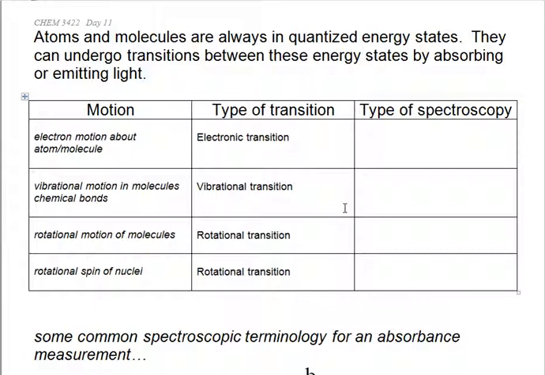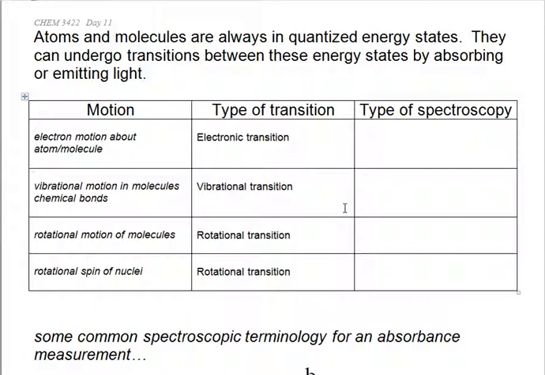So we have a table to fill out here. Atoms and molecules are always in quantized energy states. They can undergo transitions between these energy states by absorbing or emitting light. So we have different types of motion and their types of transitions. You have electron motion about the atom or molecule, right? That's orbitals, and they call those electronic transitions.